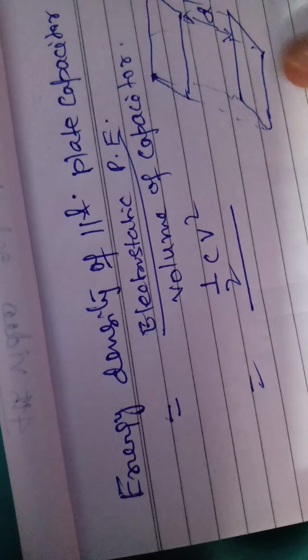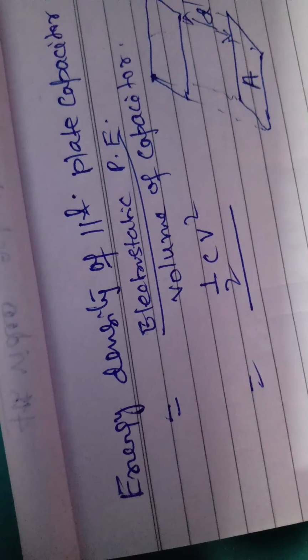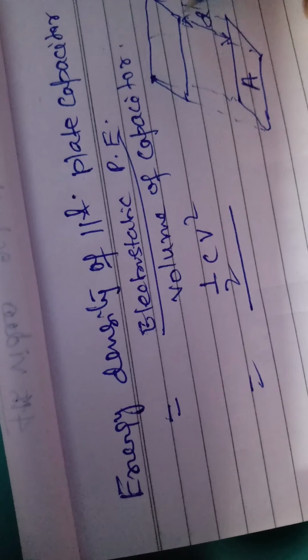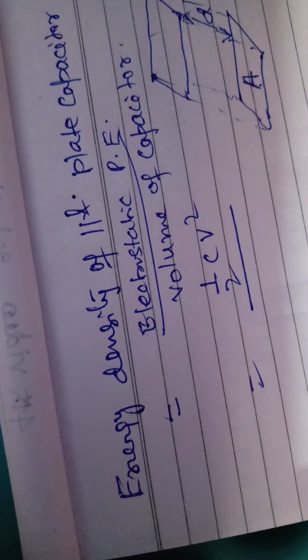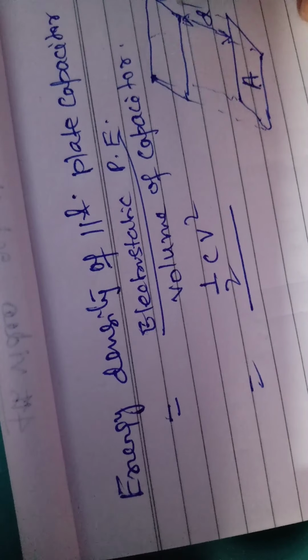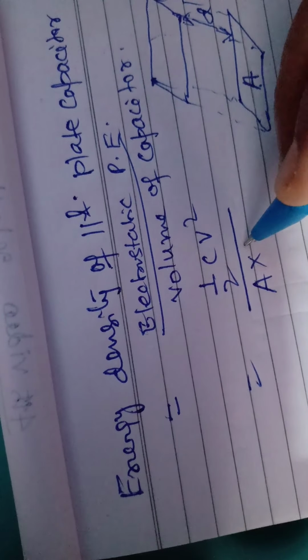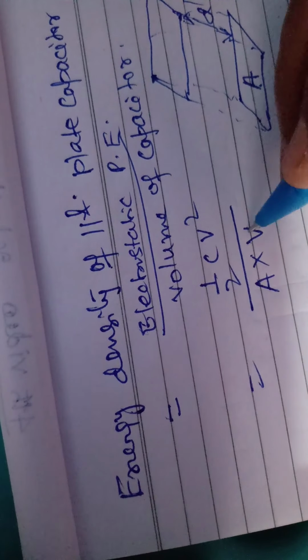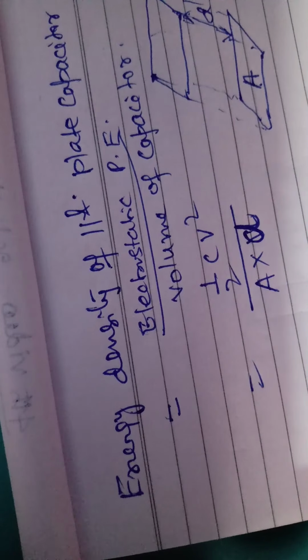In case of a symmetrical figure in 3 dimensions, volume is given by area of base multiplied by height. What is the area of base here? A, that is the plate area. And what is the height? That is d, which is nothing but the distance between the two plates. Therefore, here for volume we can write A into d.